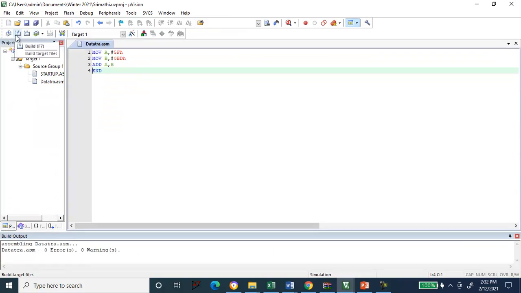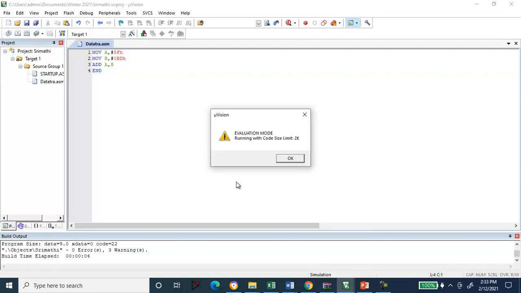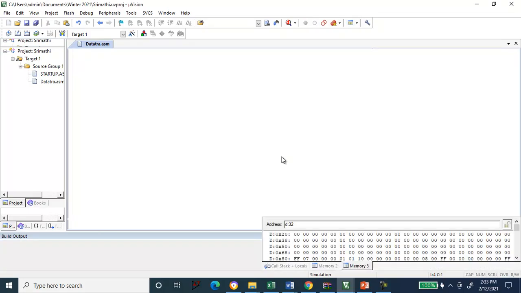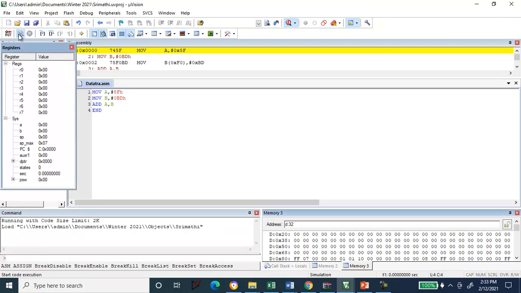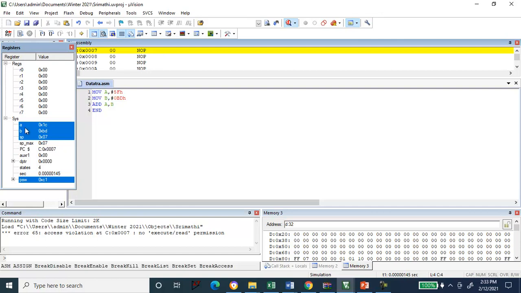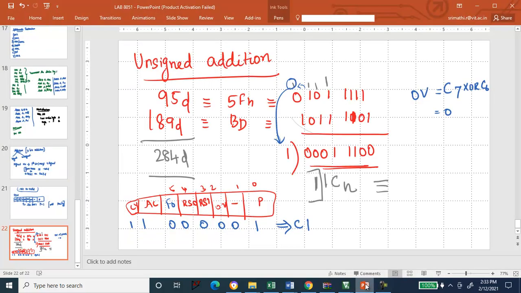What result I should have in the accumulator? 1C, because here add A comma B, A plus B, and the result should be stored in A. See, the accumulator is having 1C. What we said here, the program status should have C1.